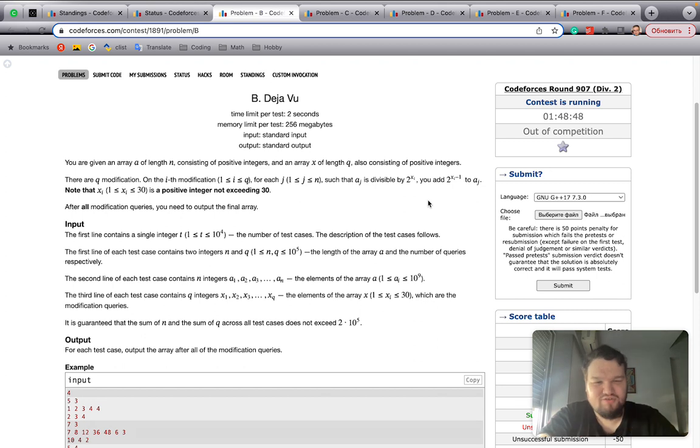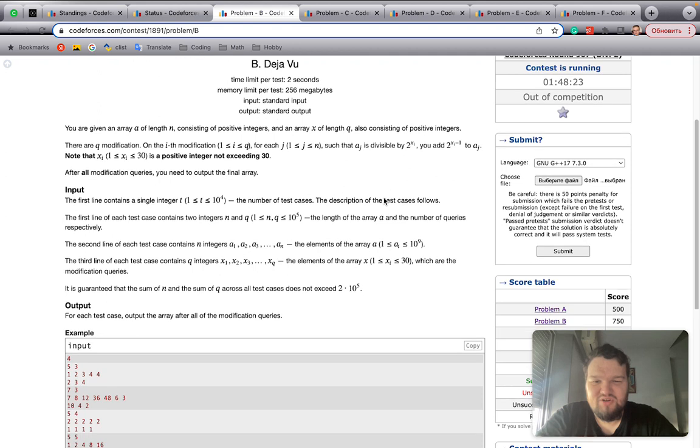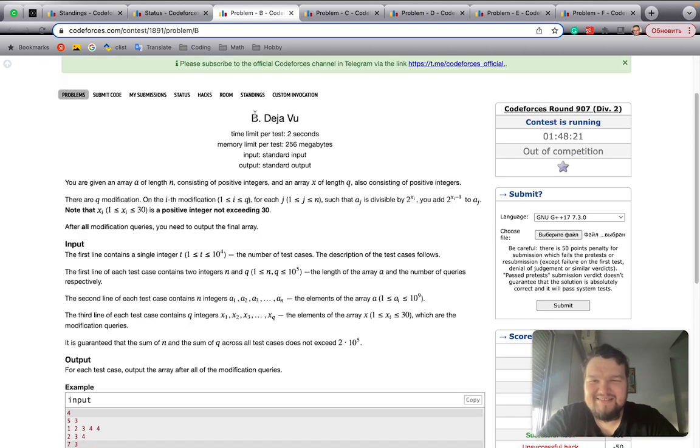For every such option we can just run all the modifications, and then we will know what will happen in the end with such a number. Then for every number in the initial array, we can determine its type and apply the modification. Well, okay. It's a problem, I guess.